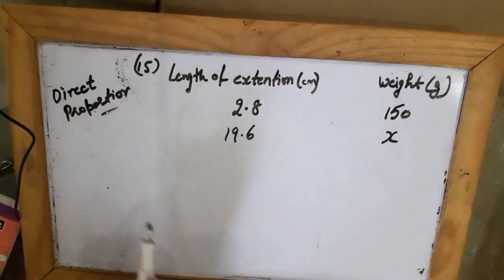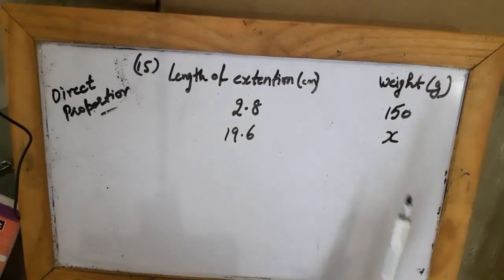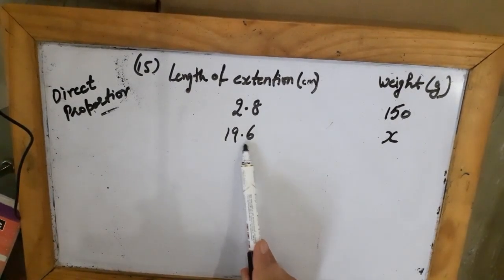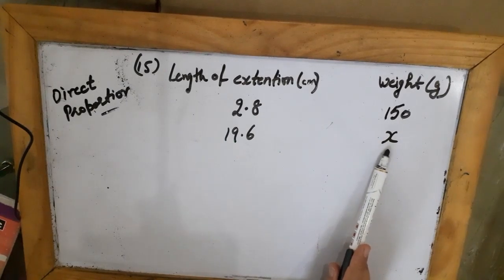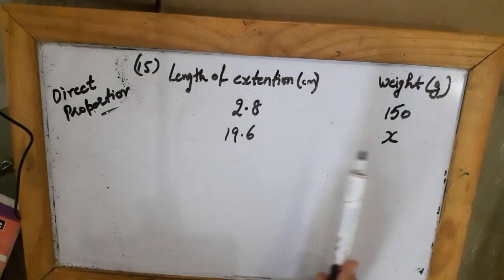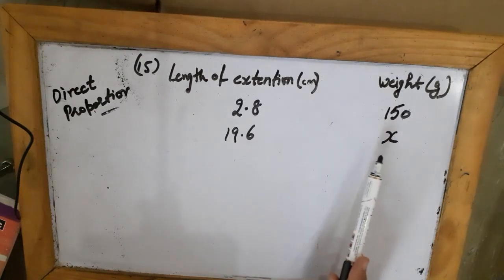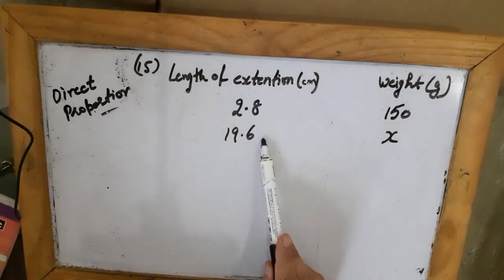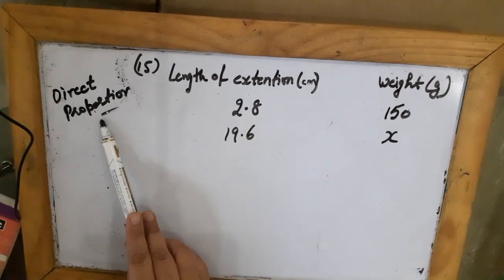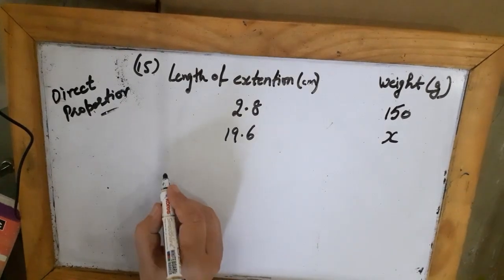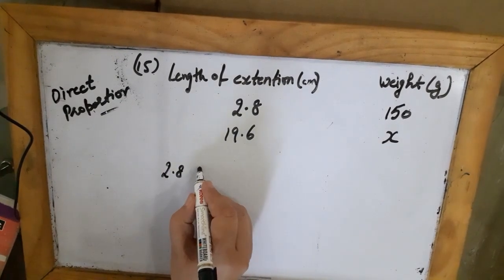So by way of that drawing I told you, अगर extension ज़्यादा है तो it means I have hanged more weight, तो उस पे मैंने ज़्यादा weight लगाया, so more weight, more extension. So increase in one leads to the increase in other. So which proportion is this? Direct proportion. So let me put this in the proportional form.